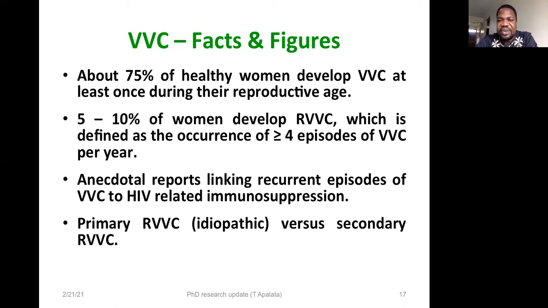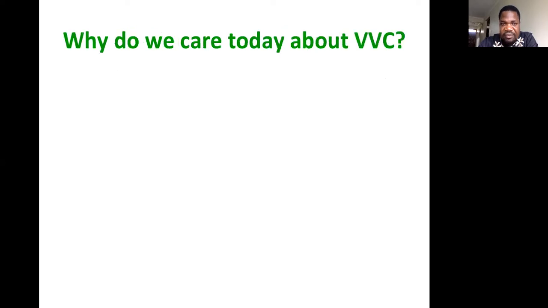There are anecdotal reports linking recurrent episodes of candidiasis to HIV-related immunosuppression. But there is also primary recurrent vulvovaginal candidiasis, which means it's idiopathic; the underlying mechanism is not well known. Versus secondary recurrent vulvovaginal candidiasis, which may be HIV-associated immunosuppression or other reasons.